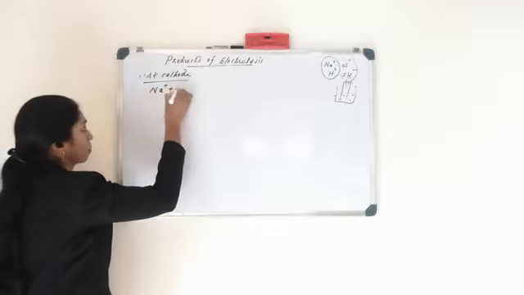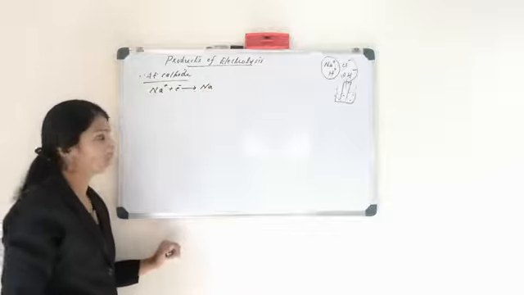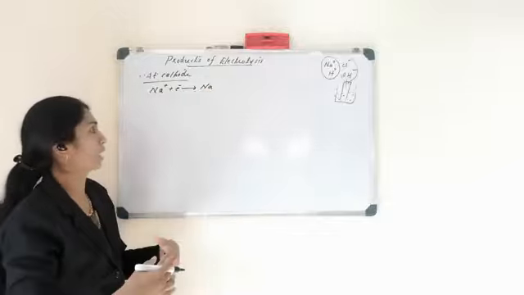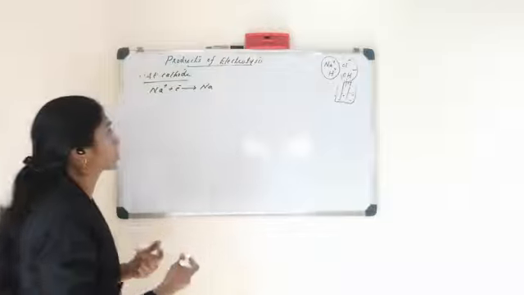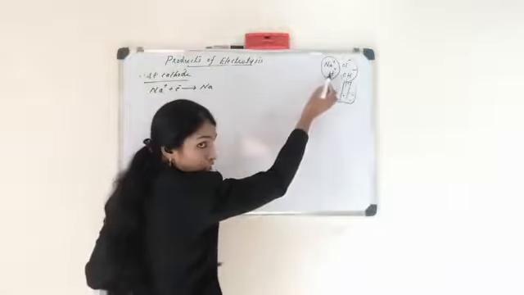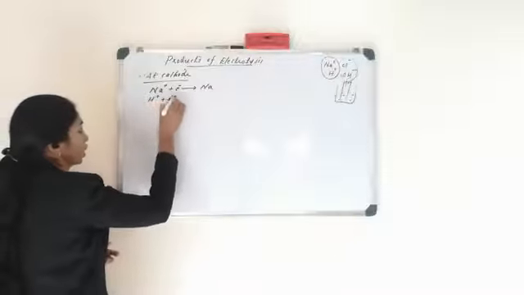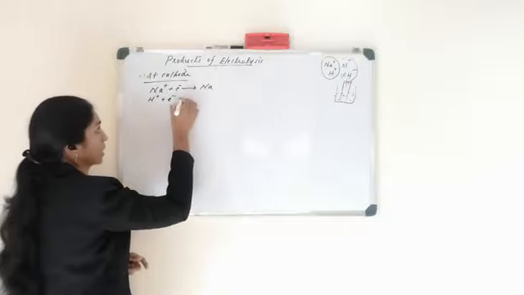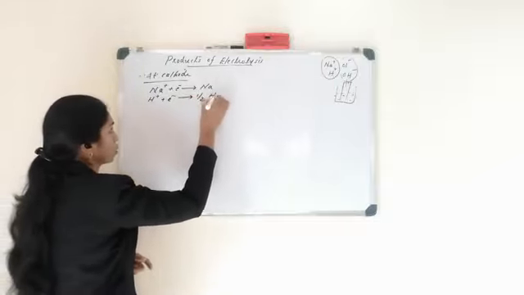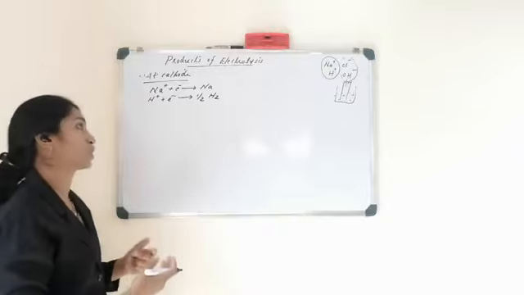So Na+ plus electron gives Na: the sodium ion receives one electron and produces sodium metal. The other possible reaction is for the other positively charged ion, H+. If reduction occurs for H+ ion, we can write H+ plus electron gives 1/2 H2, right?